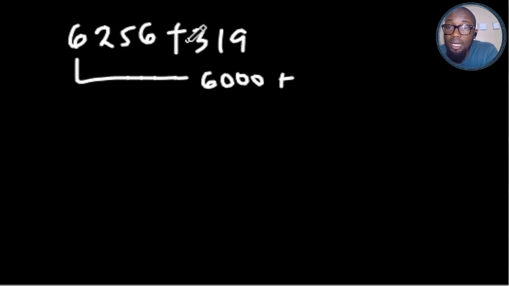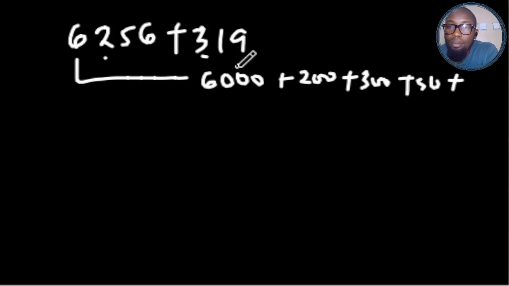There's no thousand on this side. So 6,000 plus 200 plus 300 plus what? 50 plus 10. Yeah. Then plus 6. Then plus 9. So this is easier for me to solve.